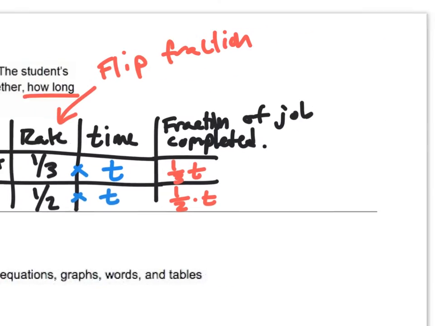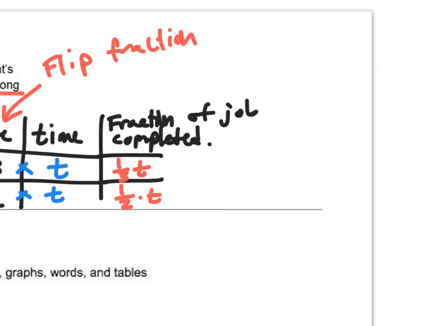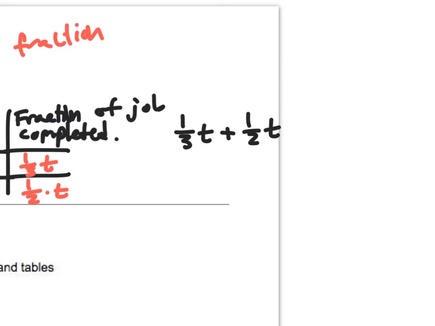Now here's the hard part, is coming up with an equation now. What I'm going to do is I'm going to take 1/3 t, I'm going to add that to 1/2 t, and that's going to equal 1 term paper. So I'm going to dissect this real quick.